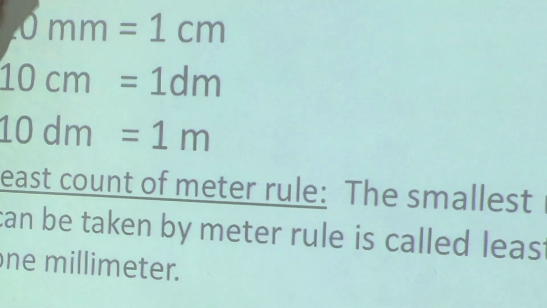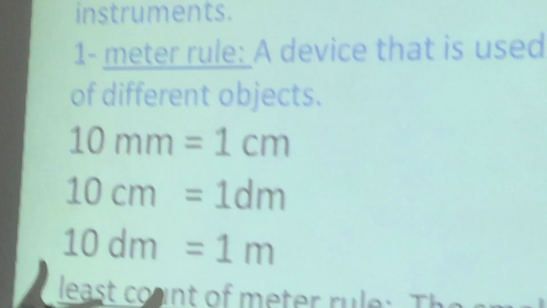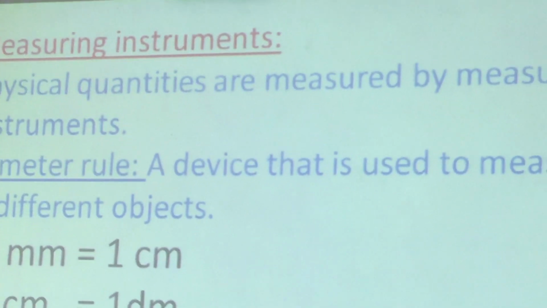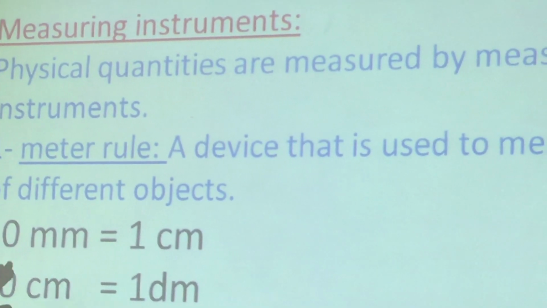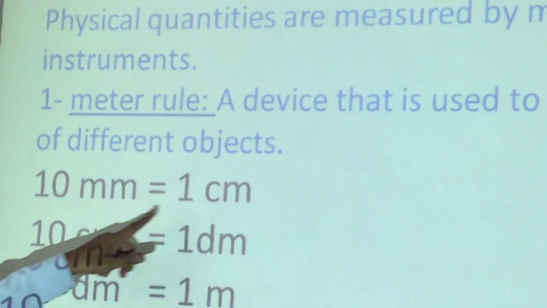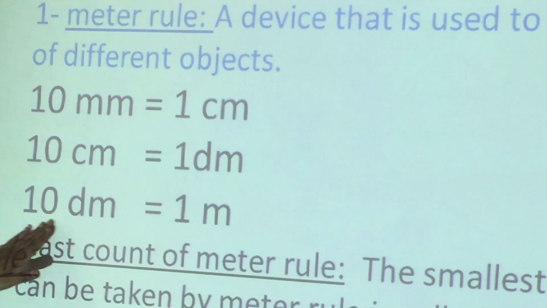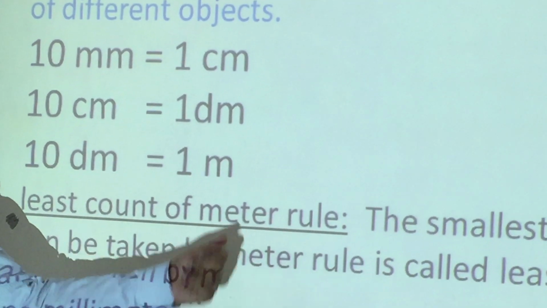Alright, measuring instruments: physical quantities are measured by different instruments. A meter rule is a device used to measure the length of different objects. You already know that 10 millimeters is equal to 1 centimeter, 10 centimeters is equal to 1 decimeter, and 10 decimeters is equal to 1 meter. Now, the least count of the meter rule.